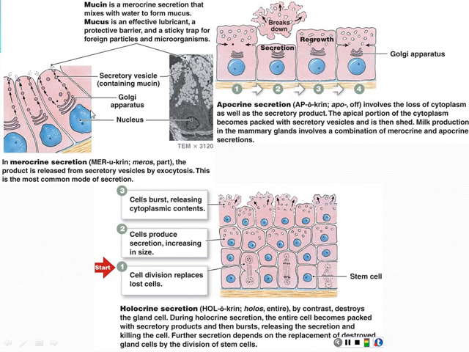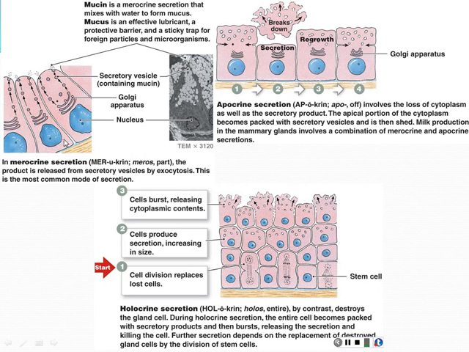The most common kind of secretion is merocrine secretion, and this is what we talked a little about when we talked about the Golgi apparatus and the endoplasmic reticulum in the last chapter. That stuff is made in there, and then vesicles move that stuff to the surface of the cell where they're released in exocytosis. Well, that's merocrine secretion.